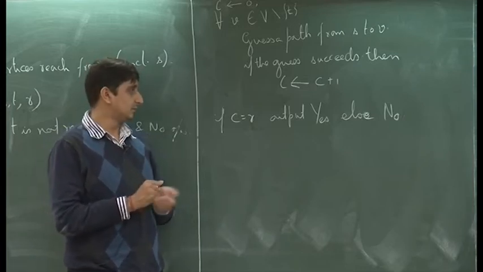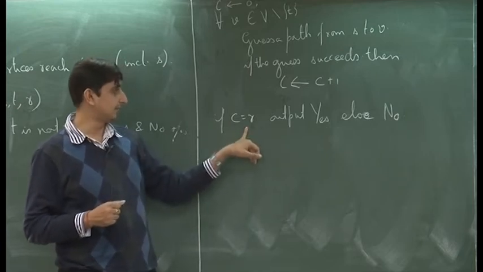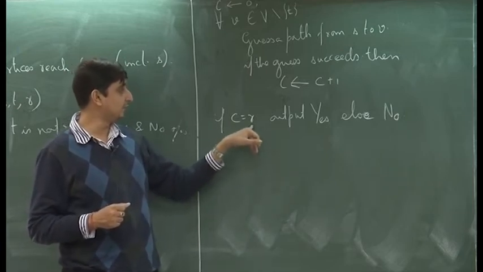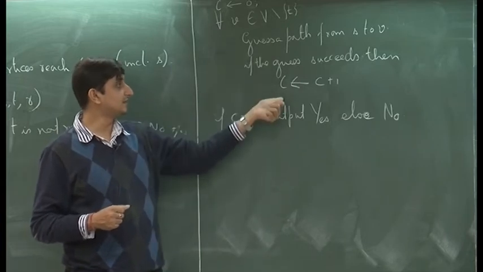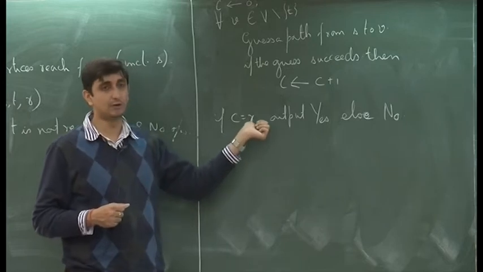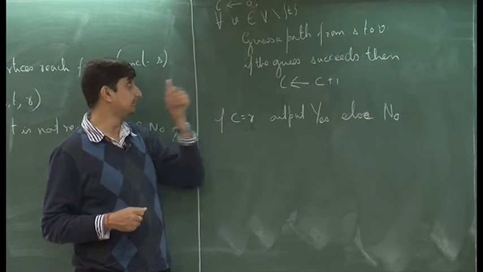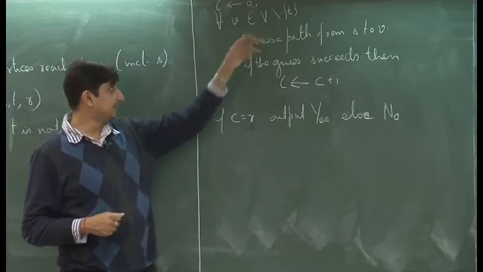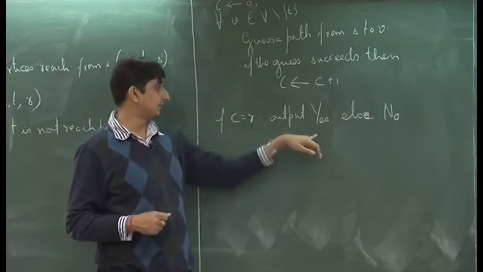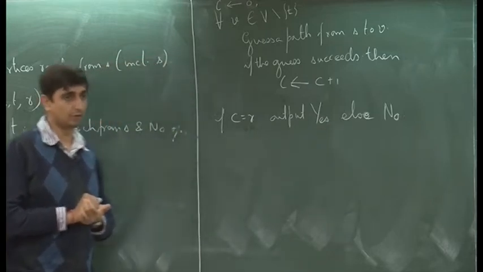In which case we do not care, but there will be at least one computation path along which I correctly guess all the vertices reachable from S, where the counter will be exactly equal to R. And of course, T is not reachable from S, which is why I will output yes, and otherwise I will output no.